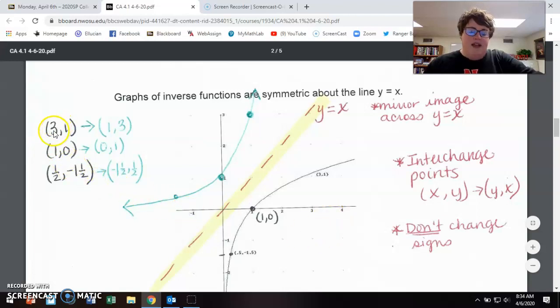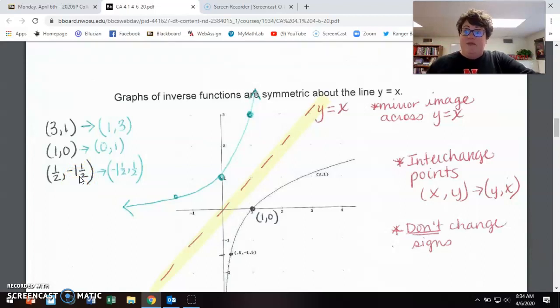So in the black here, I have my 3 points on my original graph, 3, 1, 1, 0, and 1/2, negative 1.5. So interchange x and y. So I literally want to just flip them, okay, flip them. So 3, 1 becomes 1, 3, 1, 0 becomes 0, 1, and 1/2, negative 1.5 becomes negative 1.5, a half.